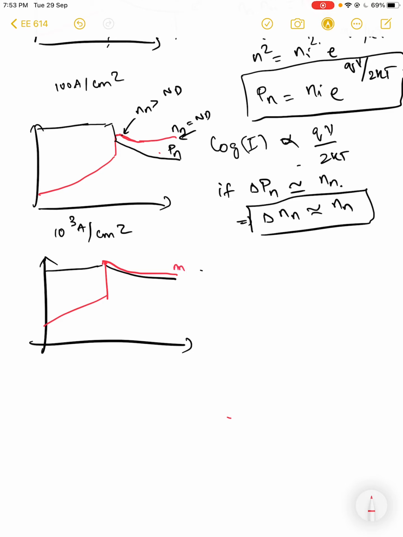This is Nn, this is N in P, this is P in P, this is P in N. So you will have a significant rise in the majority carrier density close to the junction, right, over and above the doping density, right?